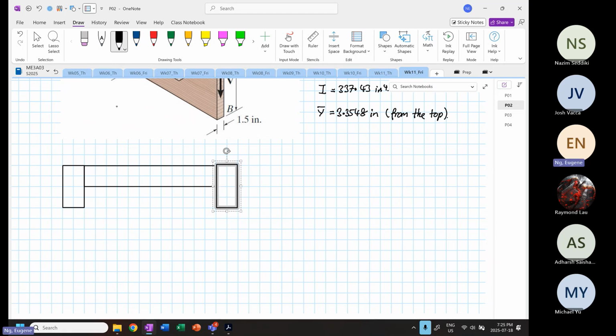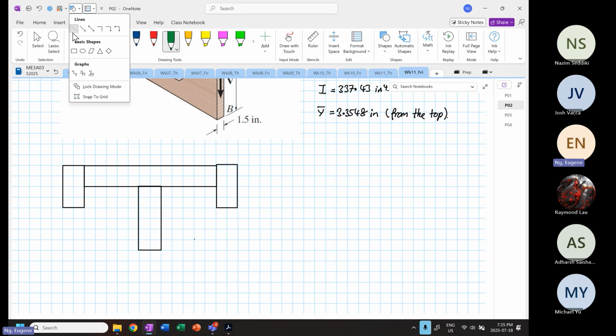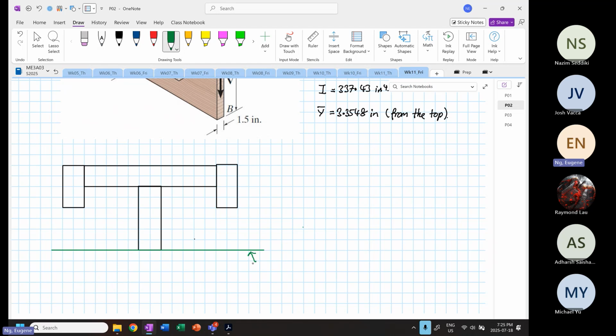And then I'm going to sketch the center part, the major web, up to the flange. No, sorry, up to the geometric centroid. Okay. So I'm going to draw a line, a green line across. Right. So this is our geometric centroid.